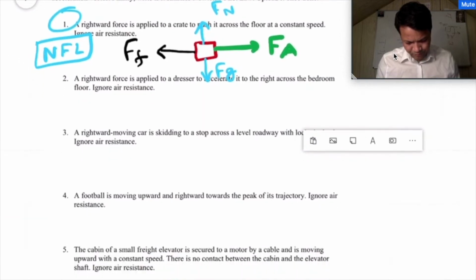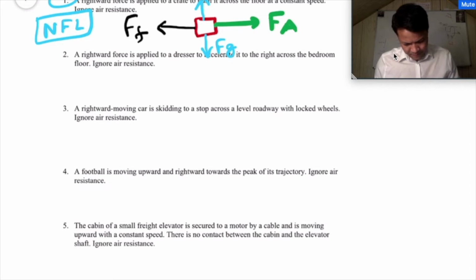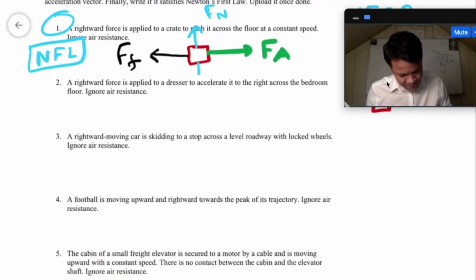Okay. Let me erase a little bit. Scenario number 2. A rightward force is applied to a dresser. So a rightward force is applied to a dresser. This I'm going to call applied force.